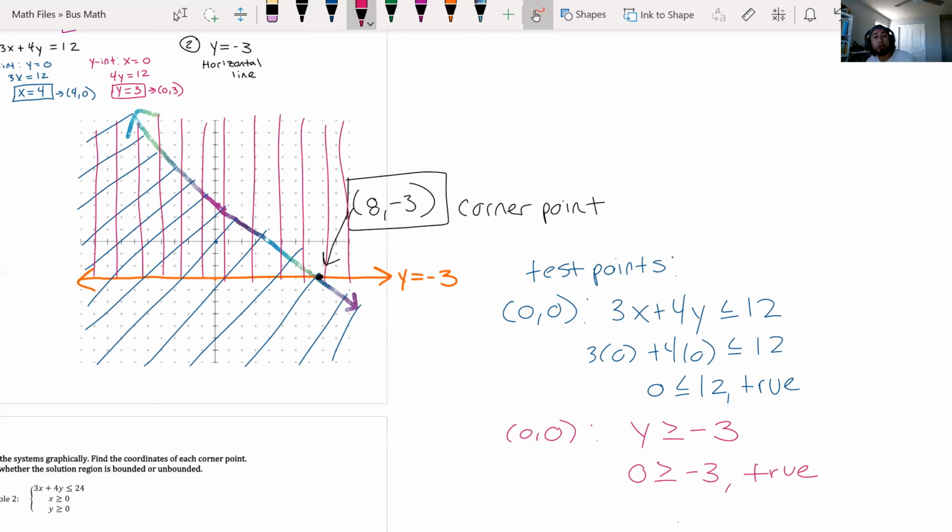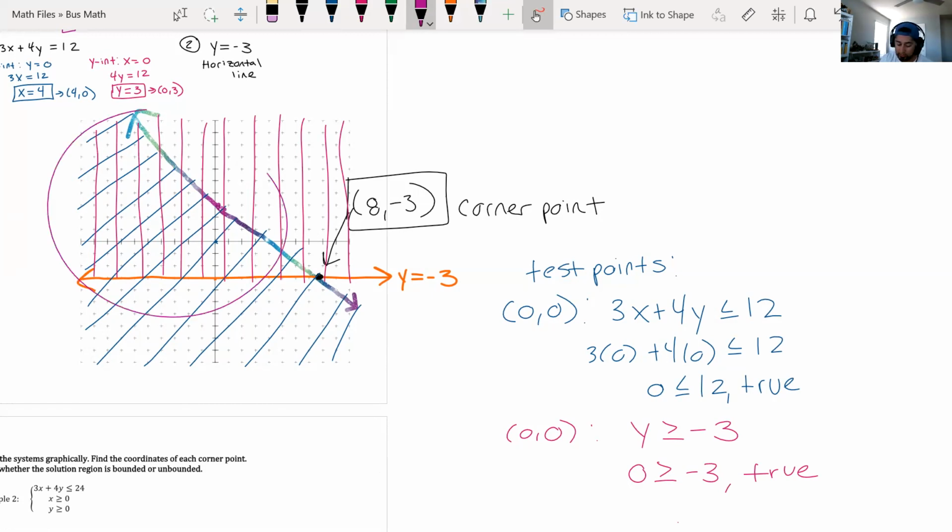And the part where your shadings intersect is called the feasible region and the solution region. So what we say by that is if we pick any point in this region, it's going to hold a true answer for both equations. But now we have to see that our solution region is unbounded because these solutions go on infinitely.